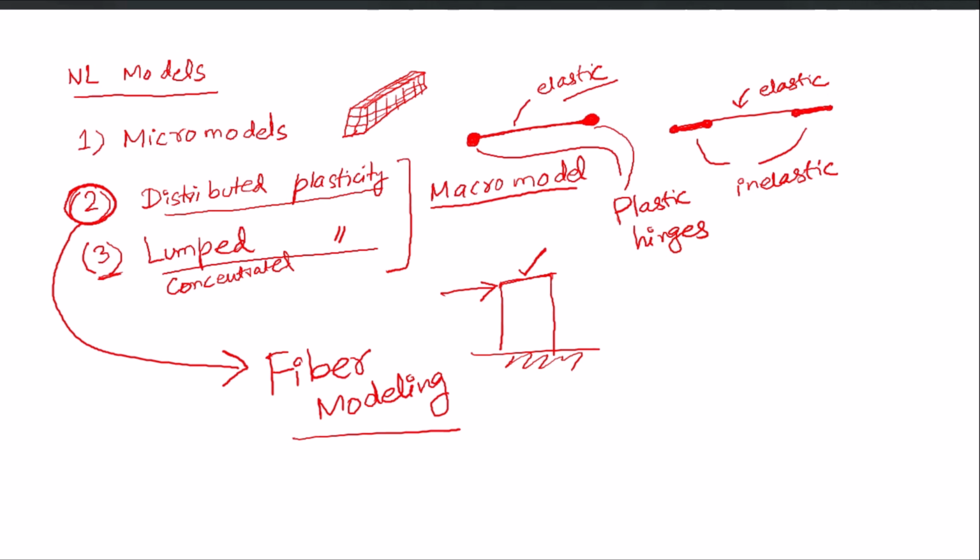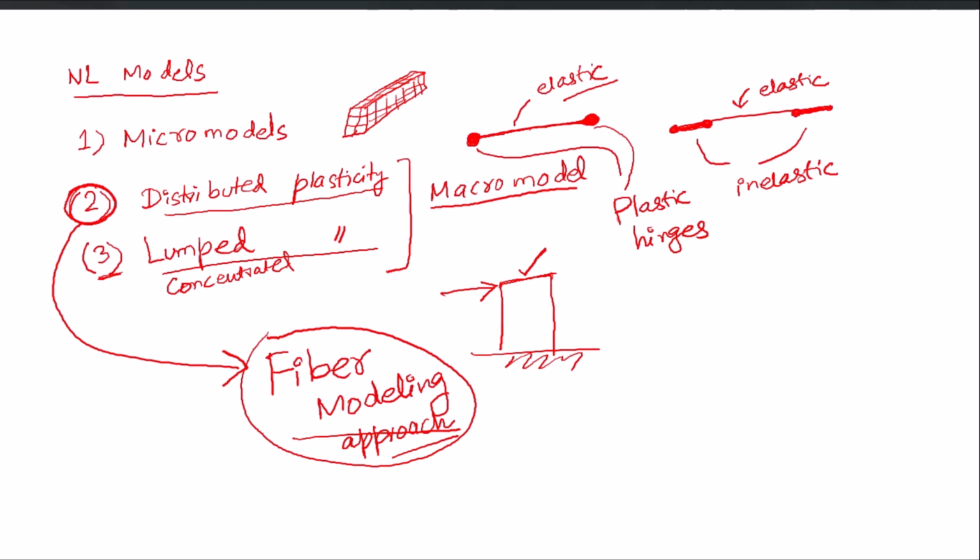In distributed plasticity option, we have an approach called fiber modeling approach, and this I will be explaining in next few minutes, and then I'll show you a demonstration in SAP 2000 about this, how we can have this modeling and how we can see its results and all that.